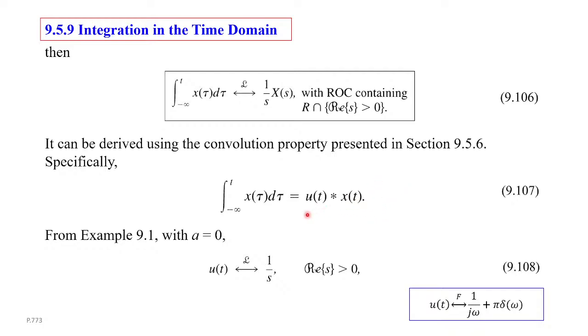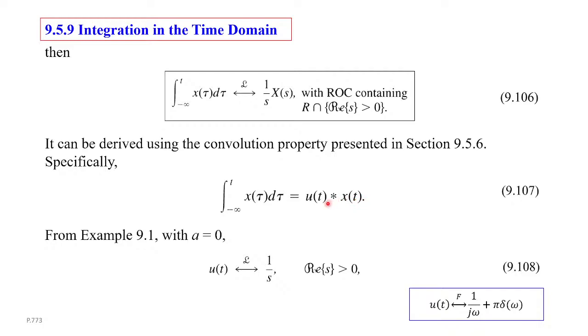Okay, you can work it out. Basically, when you do convolution, you take the integration from negative infinity to positive infinity, and this u of t will make the upper bound t. Okay, so it's a really nice way to write things.